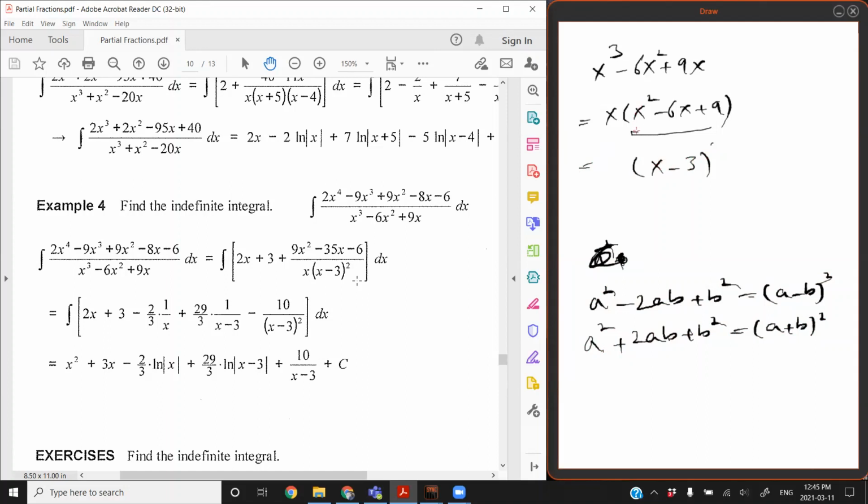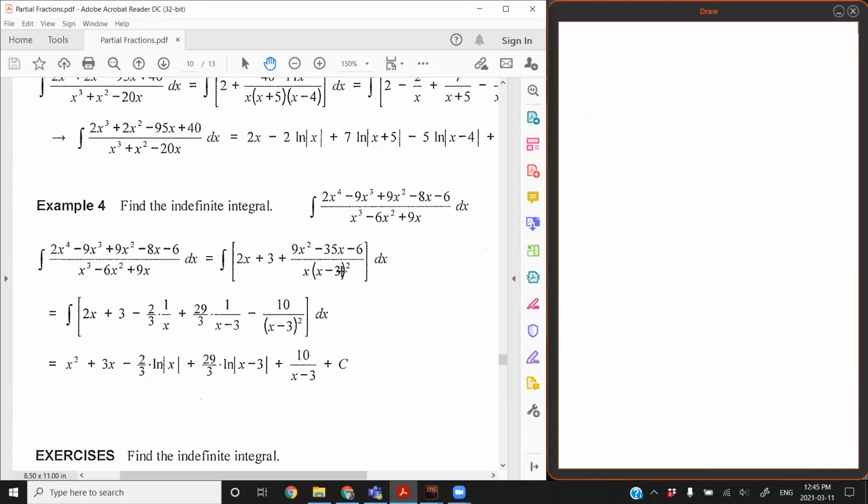x squared, that's the a squared. 3 squared, that's the b squared. And here you have minus 2 times 3 times x, minus 6x. So that makes it case 2, because you have one linear factor which has been repeated once and another one which has been repeated twice.